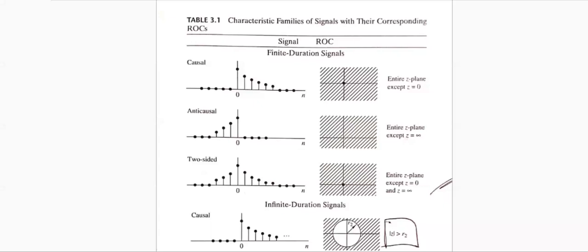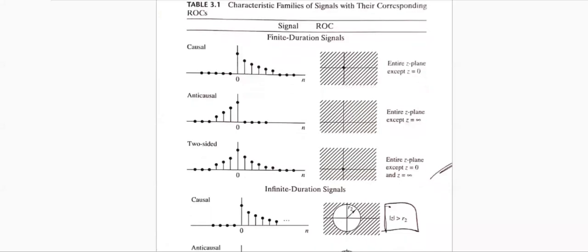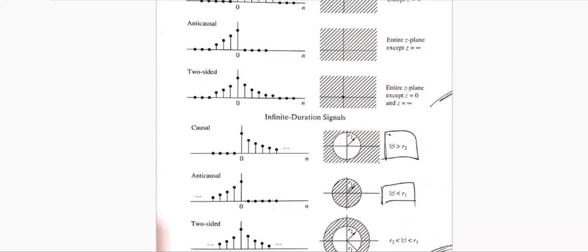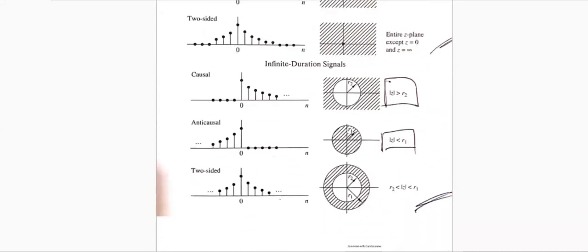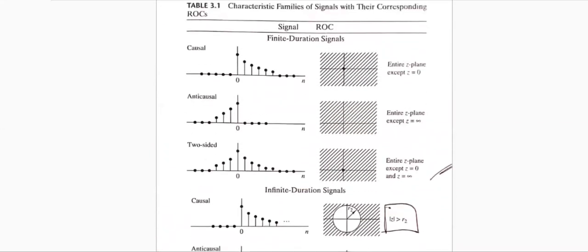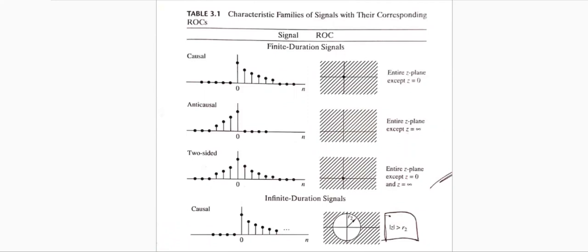Okay, we are studying the Z transform for a few classes, and the last day we have just gone through the time domain signal and the representation of ROC for different sorts of signals, namely causal, anti-causal, and two-sided sequences for finite duration signals.